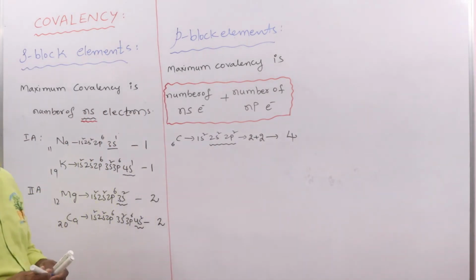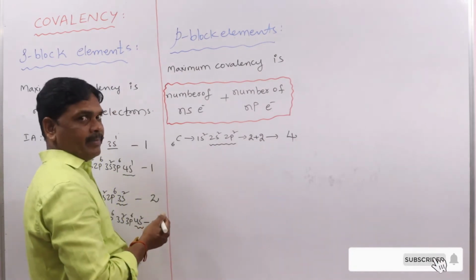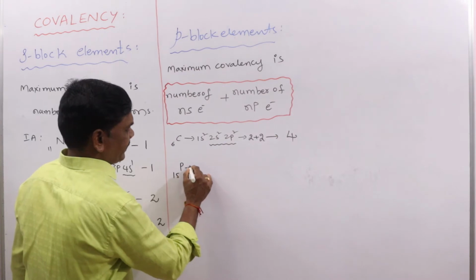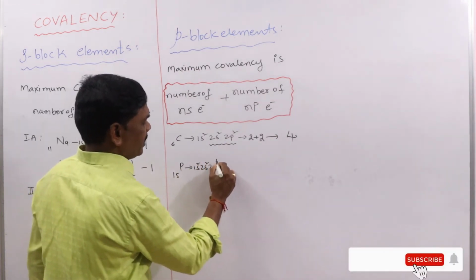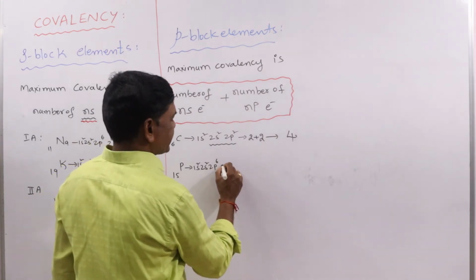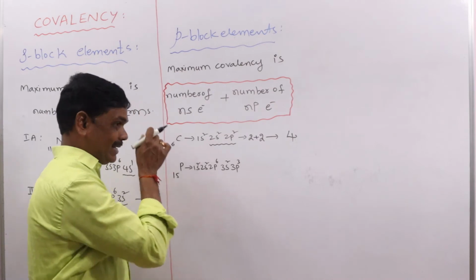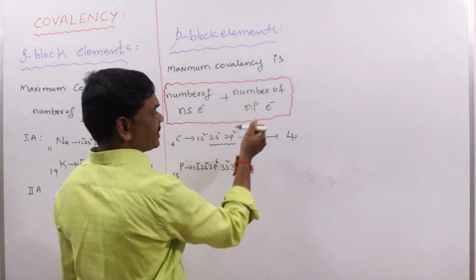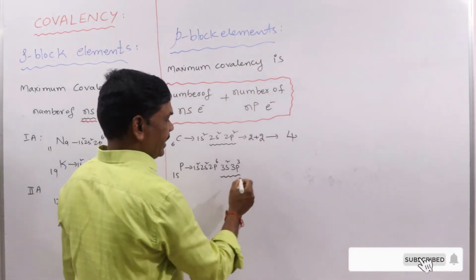Maximum covalency 4. Like that, next a fifth group element, phosphorus. Phosphorus atomic number 15, electronic configuration 1s2, 2s2, 2p6, 3s2, 3p3. Number of ns electrons plus number of np electrons, that is the outermost electronic configuration.